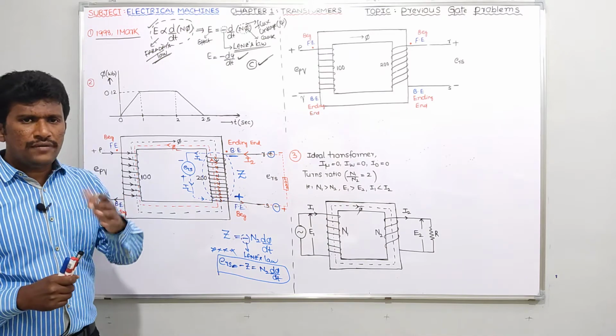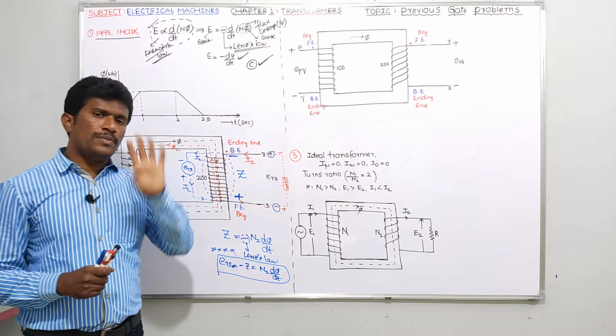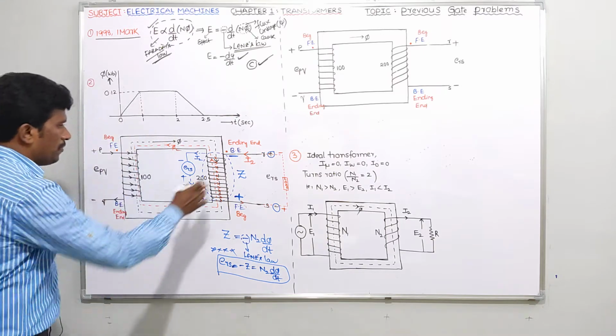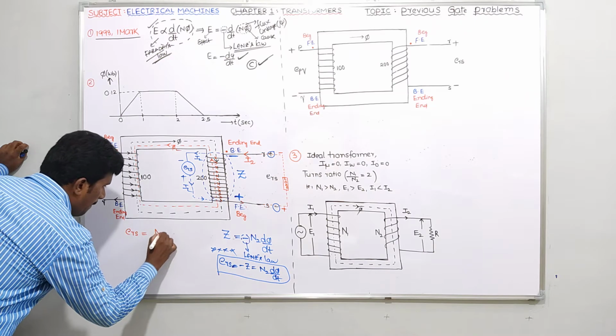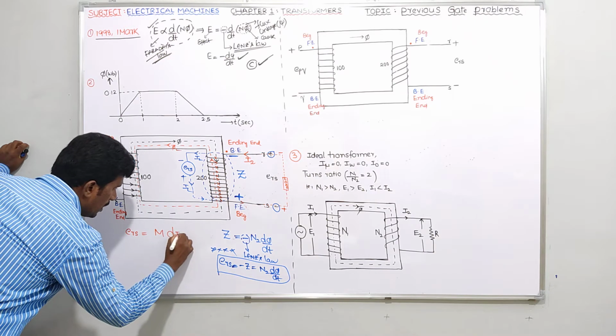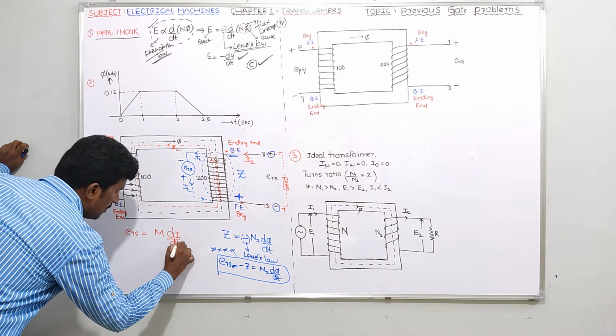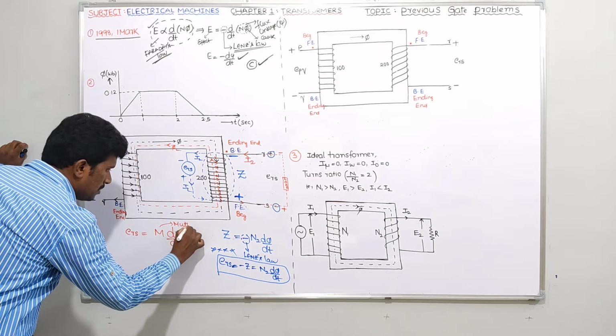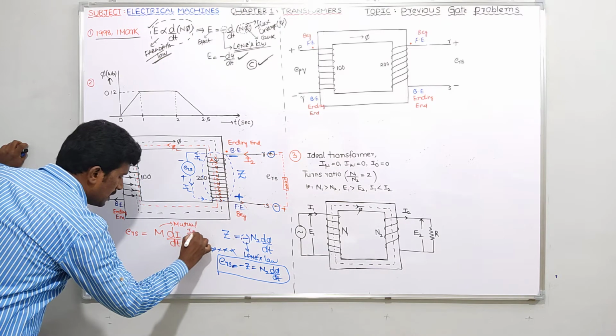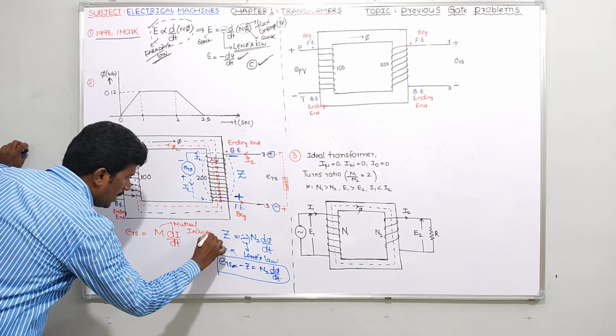Suppose you are having some confusion, there is one more method. Generally, guys, for the secondary EMF ERS, we have the formula M di by dt. You might have heard this formula, no? M is the mutual inductance between the primary winding and the secondary winding.